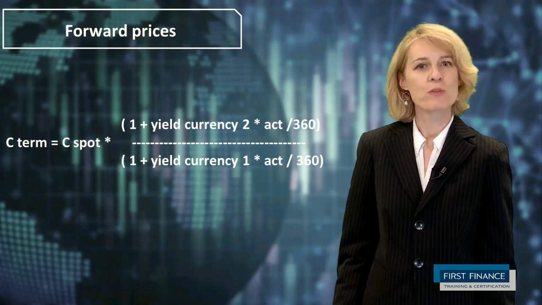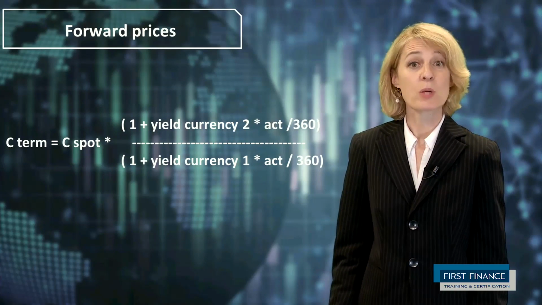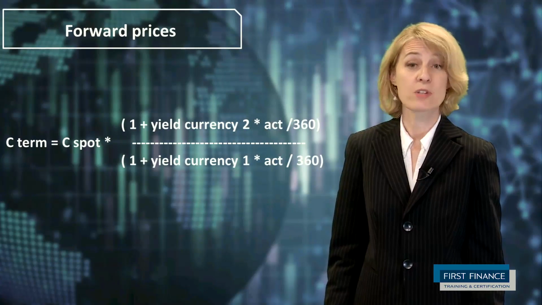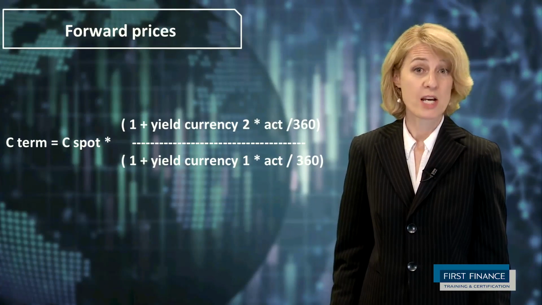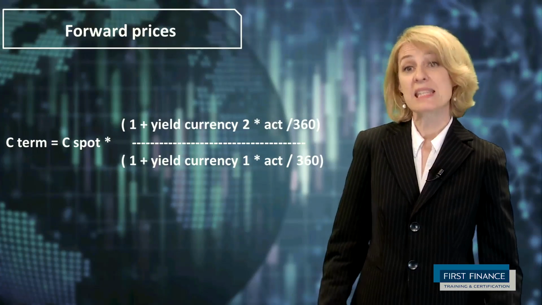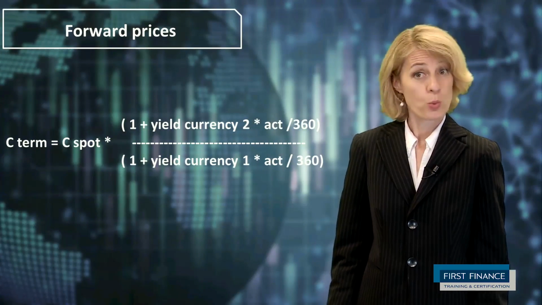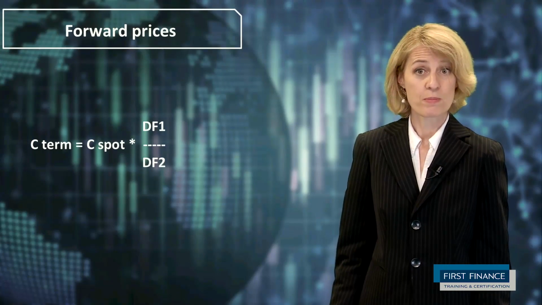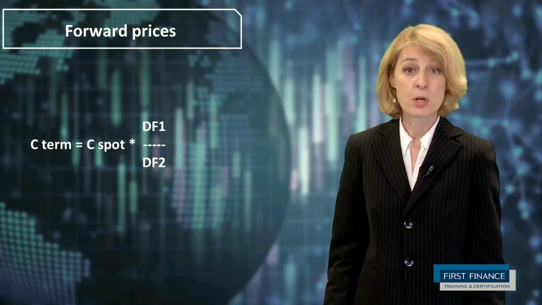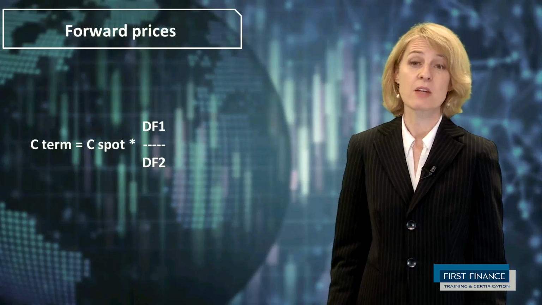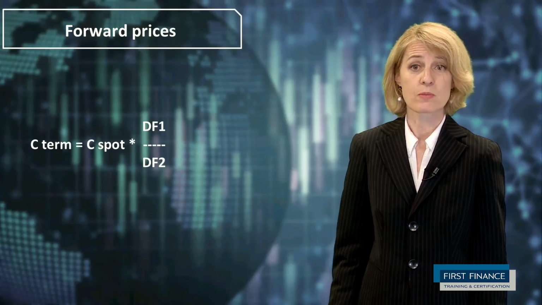But we can also involve the discount factors that we have defined, and we can see that 1 plus the rate of currency 2 multiplied by actual over 360 is the inverse of the discount factor of the currency 2. So we can write the C at term equals the C at spot multiplied by the discount factor of currency 1 divided by the discount factor of currency 2.